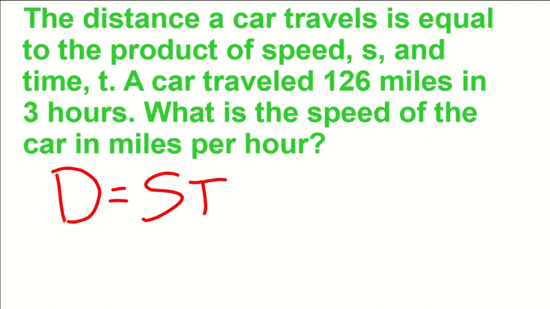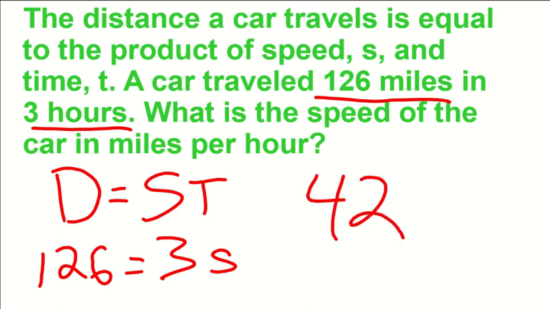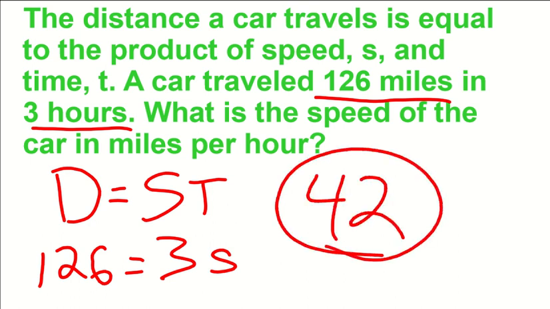The 126 miles, we gotta recognize that's a distance. Hours is a time, so we'd change the order, but it'd be 3s. To solve that equation, you do opposite, so we divide. 126 divided by 3 gives 42, like Robert said.